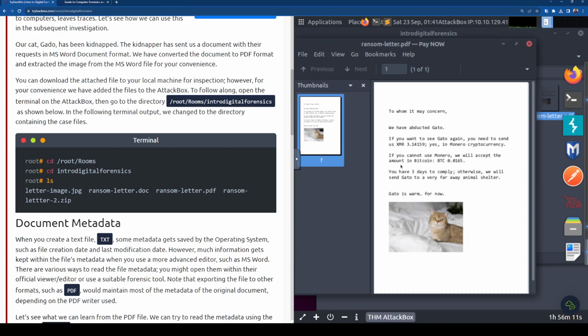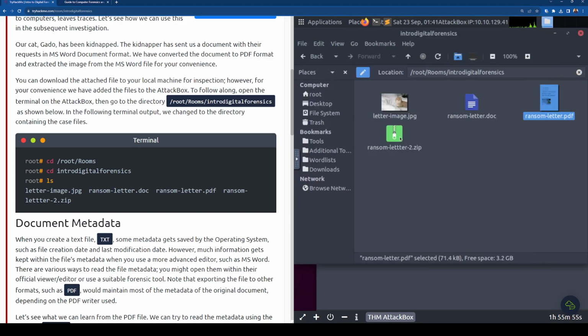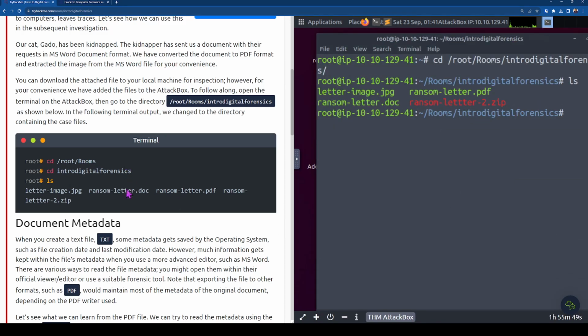If you cannot use Monero, we will accept the following amount in Bitcoin. You have 3 days to comply. Otherwise, we will send Gato to a very far away animal shelter. Gato is warm for now. Okay. And this is the same ransom letter in a Microsoft Word format.